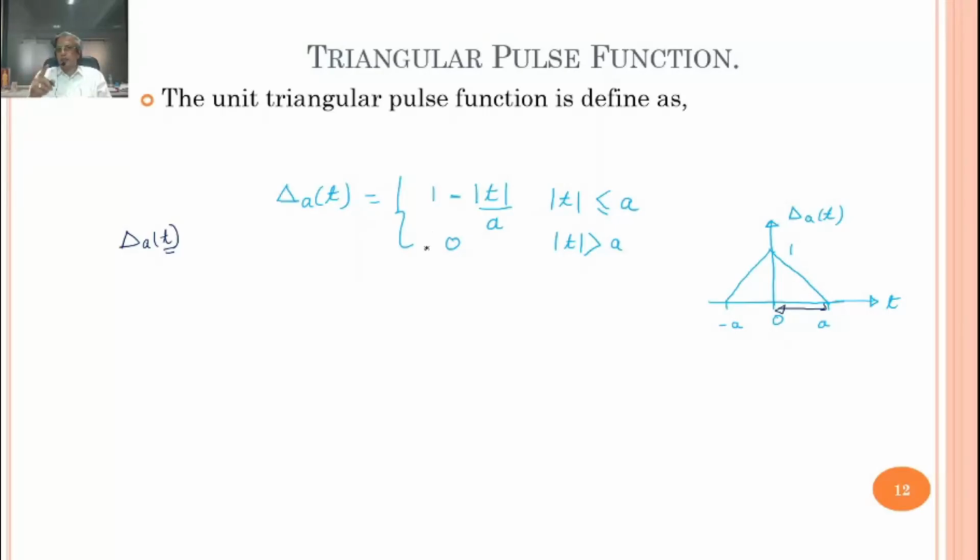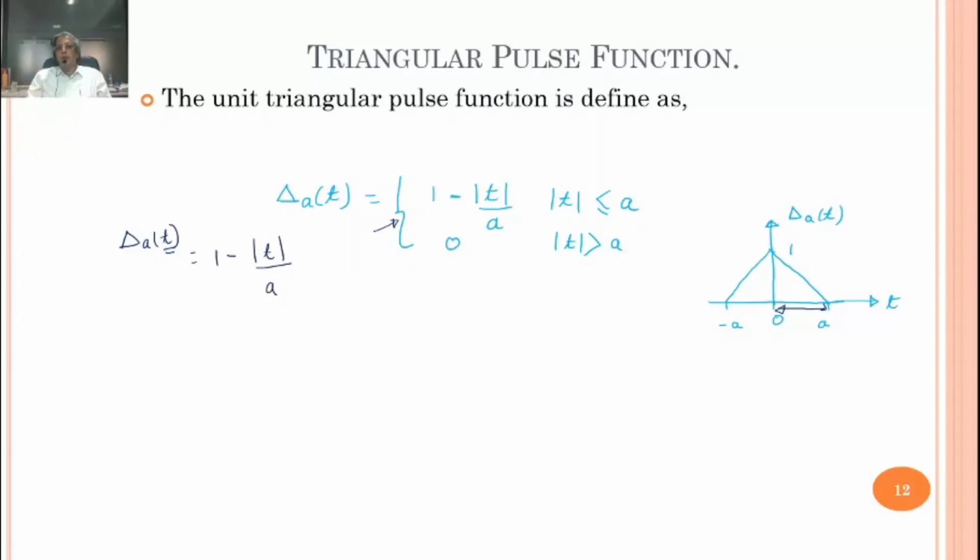It is not continuously increasing and decreasing; it is a pulse. Mathematically the signal is represented as 1 minus mod of t divided by a for the duration from minus a to plus a.